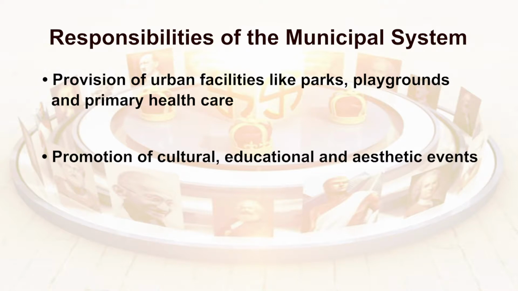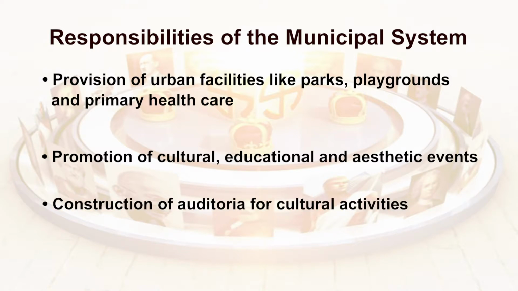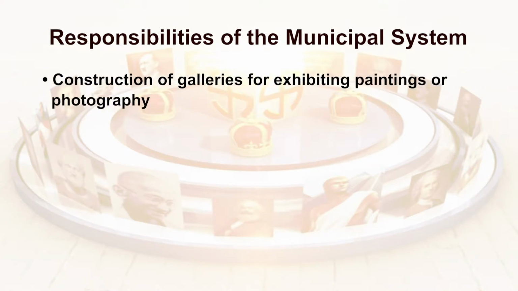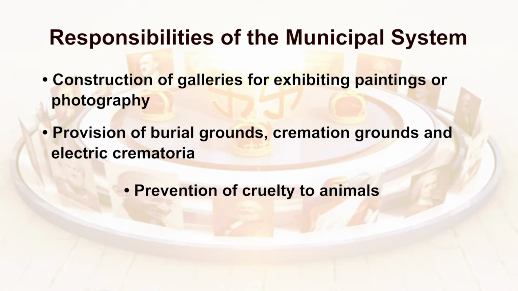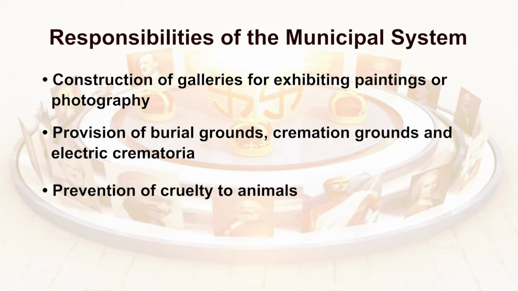We can see that in different municipalities, at least across our state, auditoria are being constructed so that cultural activities can take place there, or even galleries are being constructed for exhibiting works of painting or photography. Burial grounds, cremation grounds and electric crematoria. Prevention of cruelty to animals.